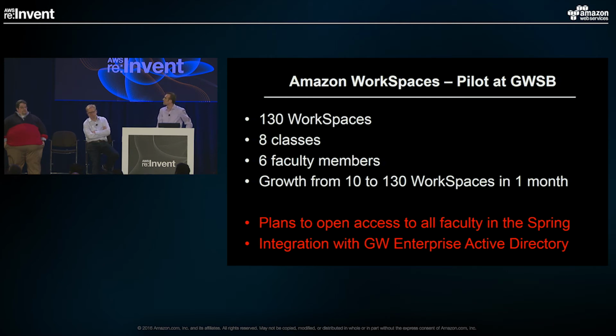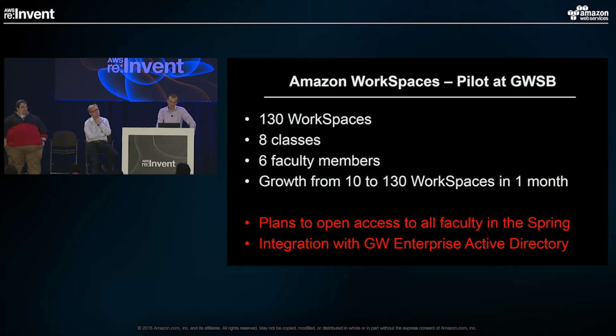Okay, so I mentioned that we have a couple of labs, a couple of classes that we decided to support in a different way. At this moment, we have 130 workspaces.